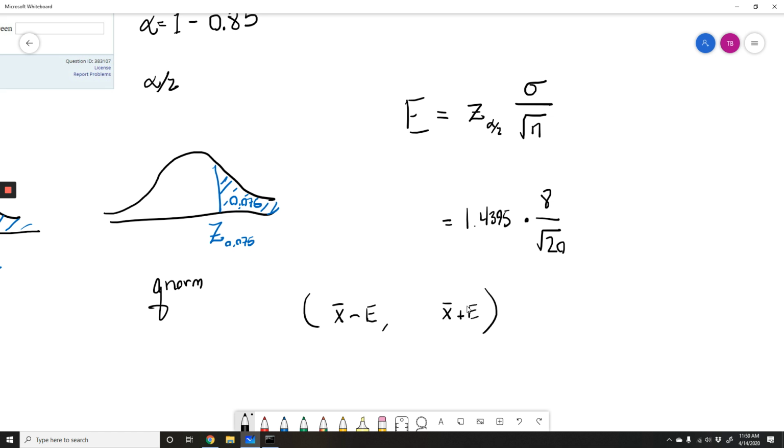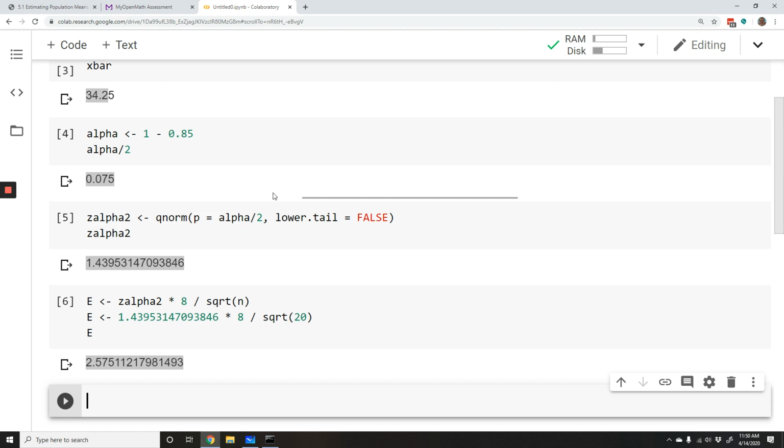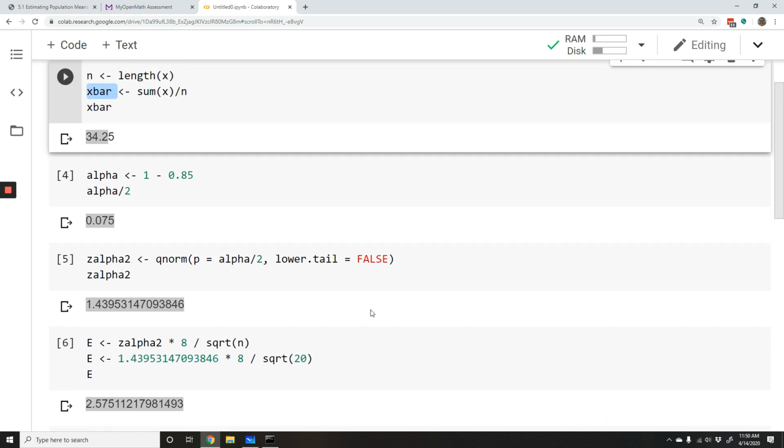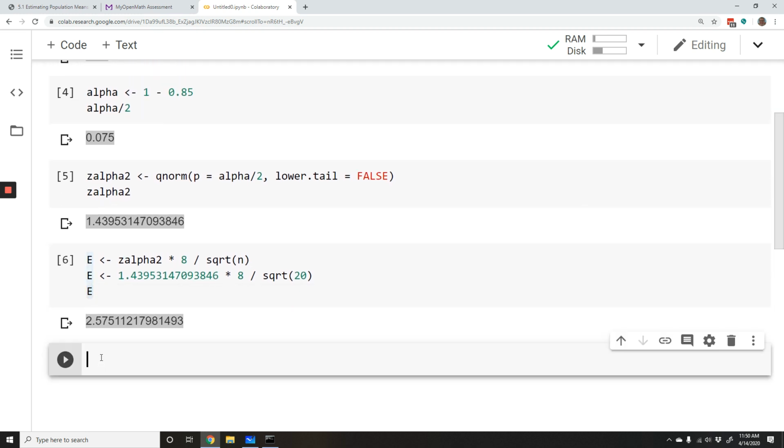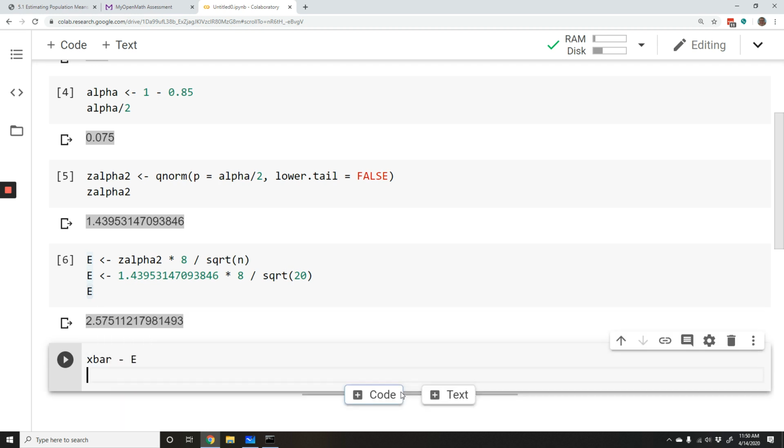Okay, so I already have those things in my notebook. So let's just calculate them. I already have x bar. I already have my margin of error E. So I'm just going to calculate x bar minus E, x bar plus E.